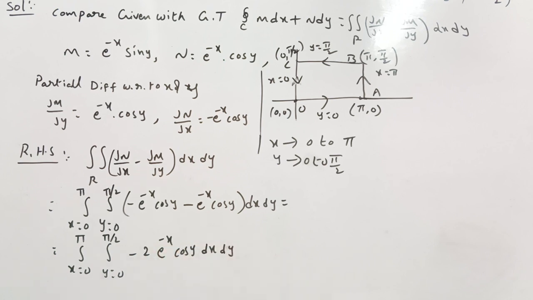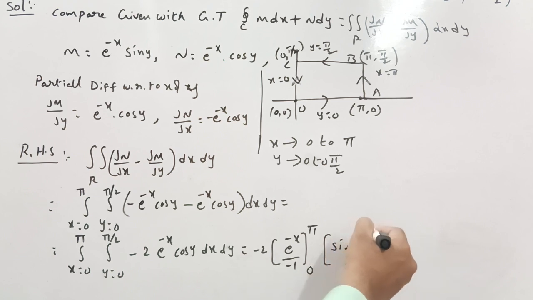Now integrate with respect to x and with respect to y. Minus 2 is a constant. If I integrate with respect to x, e power minus x integration is e power minus x by minus 1, from 0 to pi. Then cos y integration is sin y, with limits 0 to pi by 2.